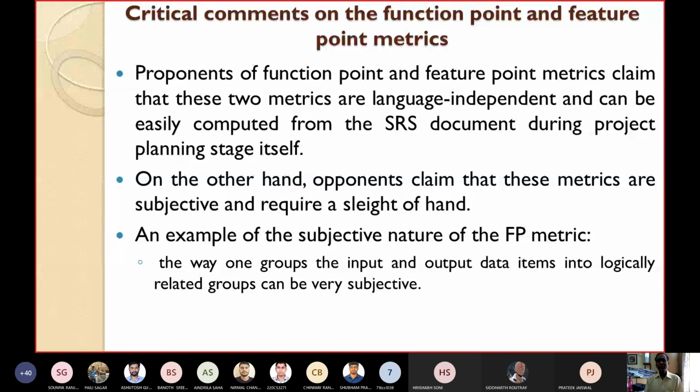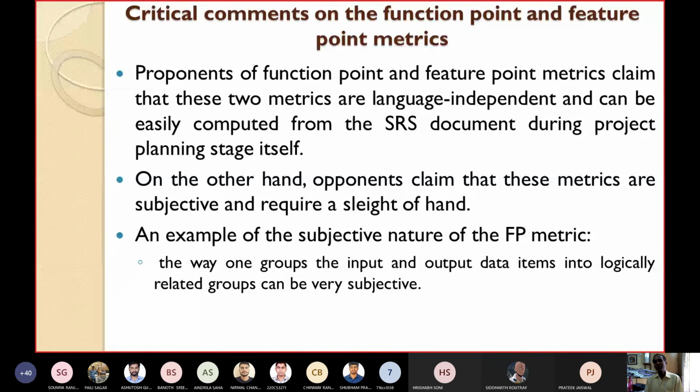Now let's quickly take an example of the subjective nature of the function point metric. The way one groups the input and output data items into logically related groups can be very subjective. While I am taking the input, I may take 2, but you may take 3: address 1, telephone 1, and driving license 1. Somebody may say no, I will make only 1, where all the fields are included: address, telephone number, and license number.